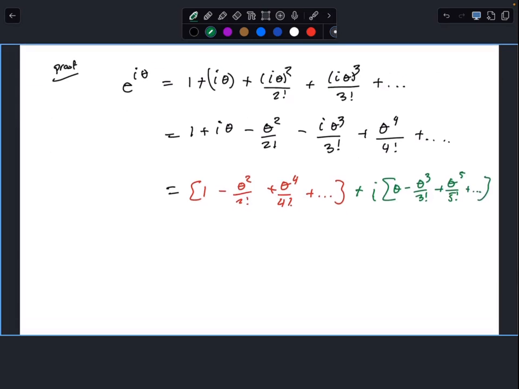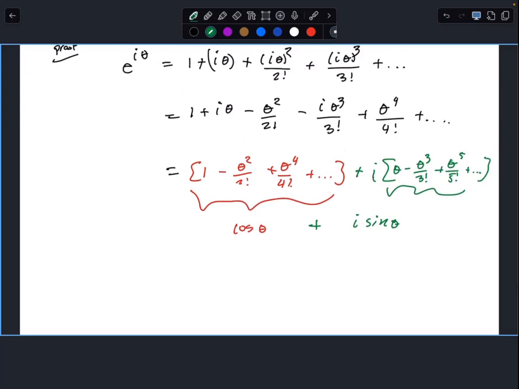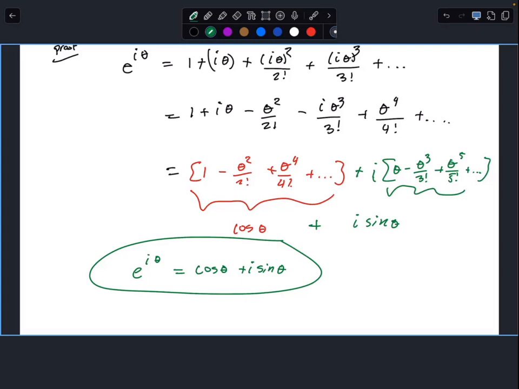Yes? This is the same thing as cosine theta plus this over here is the same thing as i times sine theta. And this is where you get that amazing property that e to the i theta is equal to cosine of theta plus i sine of theta, which is cool on its own.